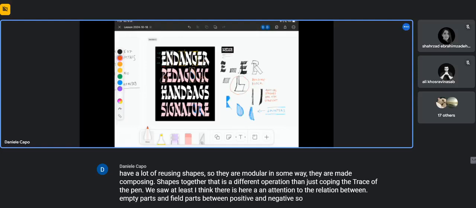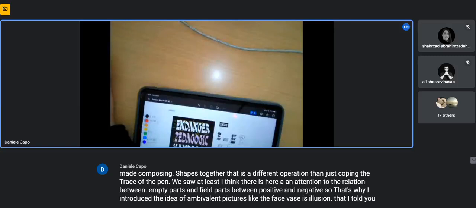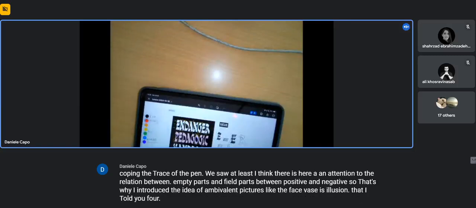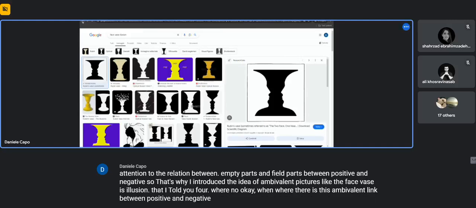So that's why I introduced the idea of ambivalent pictures, like the face-vase illusion that I showed you before, where there is this ambivalent link between positive and negative, black and white, foreground and background.